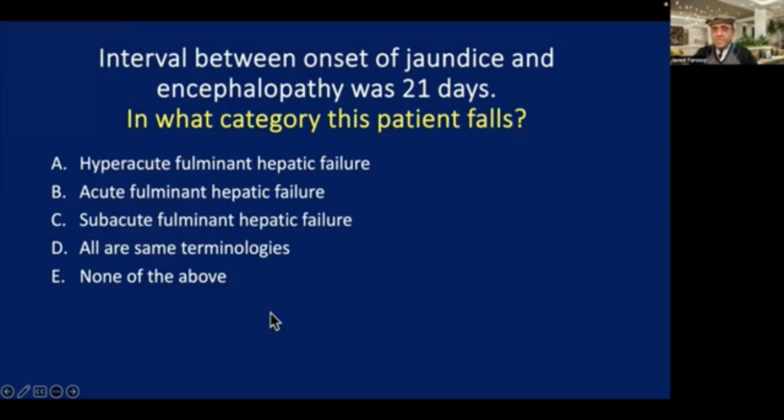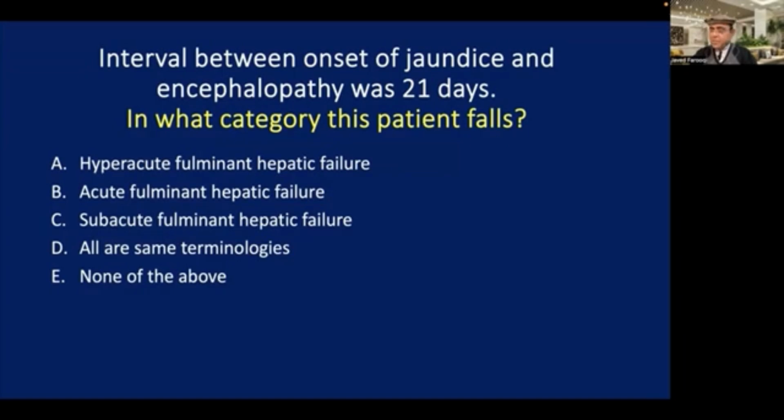Will you label this patient as A, hyperacute fulminant hepatic failure, or just acute fulminant hepatic failure, or subacute fulminant hepatic failure? Or you think all these terminologies are the same? Or none of the above is correct for this lady? Write down your option.